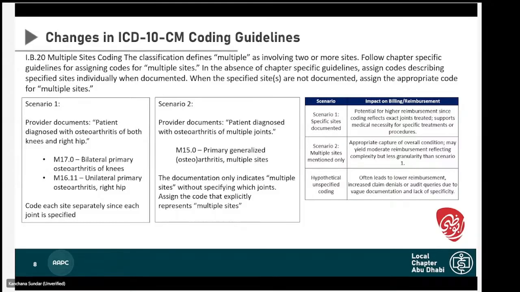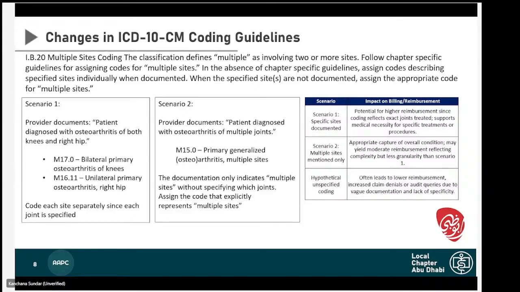So the classification defines multiple as involving two or more sites. That's well understood. And so what is the change they are bringing here? How to use the multiple site code is what they are explaining with this guideline.